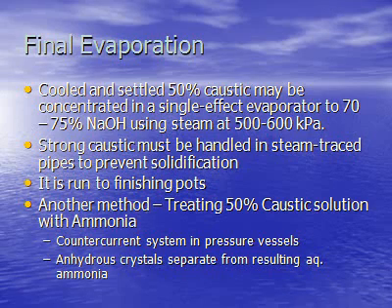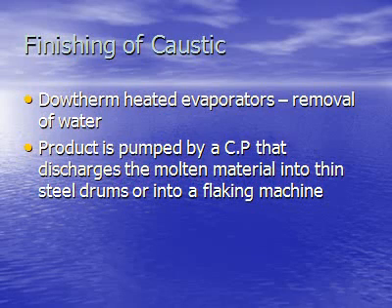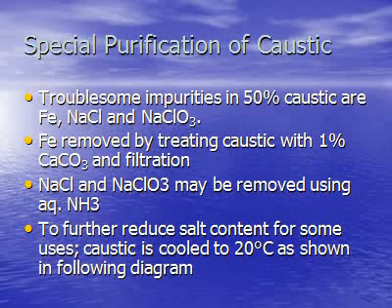It is run to finishing pots, and there are other methods, such as treating 50% caustic soda solution with ammonia in a countercurrent system in pressure vessels, where anhydrous crystals separate from the resulting aqueous ammonia. Finishing of caustic: Dowtherm-heated evaporator removes water. The product is pumped by a compressed pump that discharges the molten material into thin steel drums or into a flaking machine.